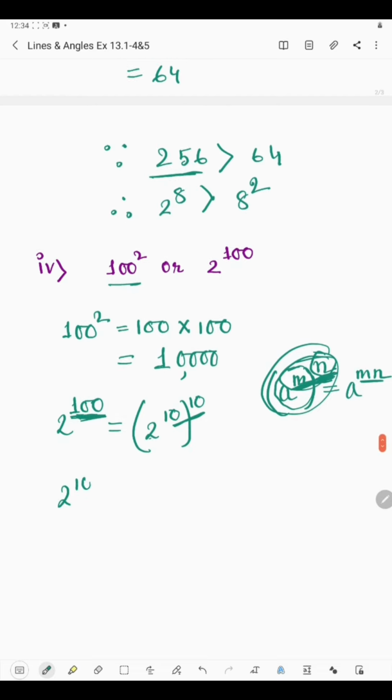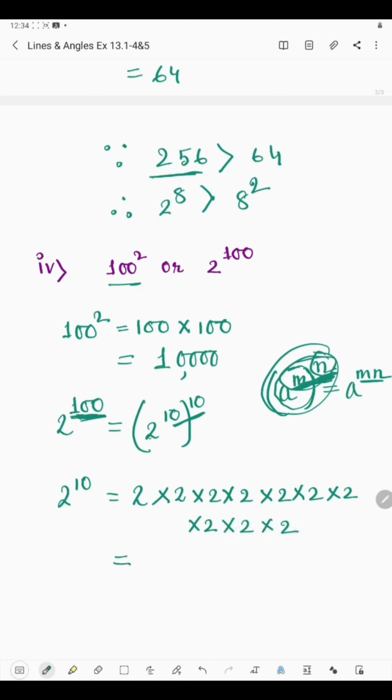Now 2 raised to the power 10 means we will write base 10 times as power is 10. So 1, 2, 3, 4, 5, 6, 7, 8, 9, 10. Okay, now 2 to the power 2, 2 2s are 4, 4 2s are 8, 8 2s are 16, 16 2s are 32.